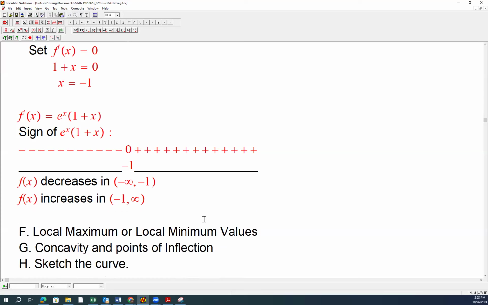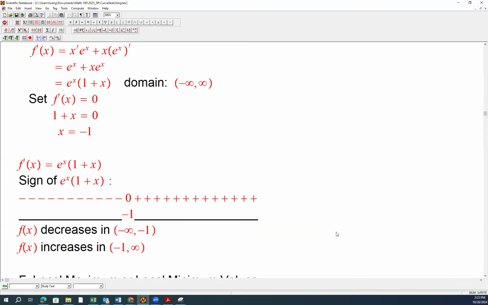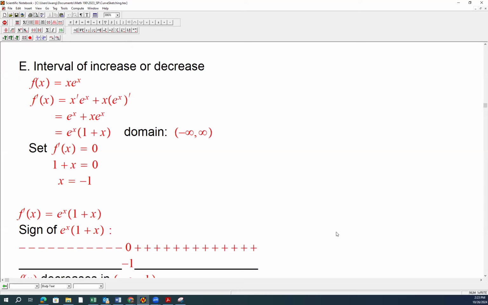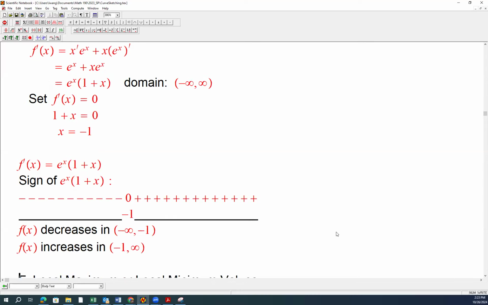But obviously, since we only have one critical number, we're not going to have a local maximum, because that's only one. All right, so we got a local minimum.